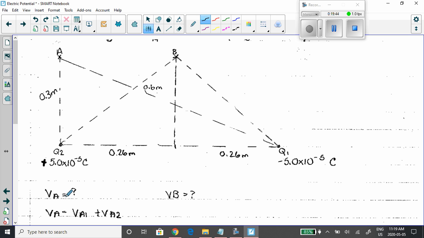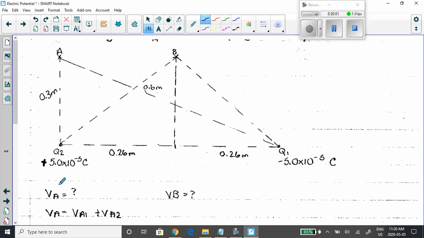Well, the voltage at point A is going to equal the voltage at point A because of the presence of charge 1, so VA1, plus the voltage at point A because of the presence of charge 2.